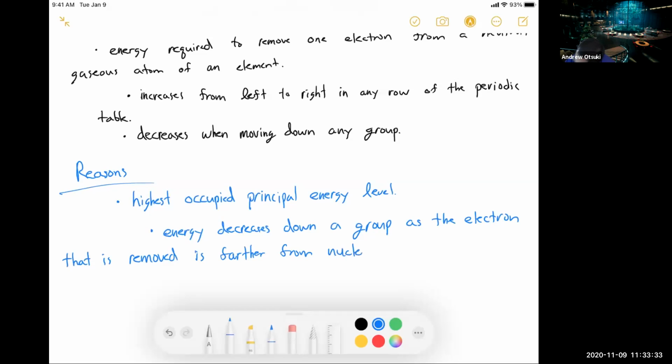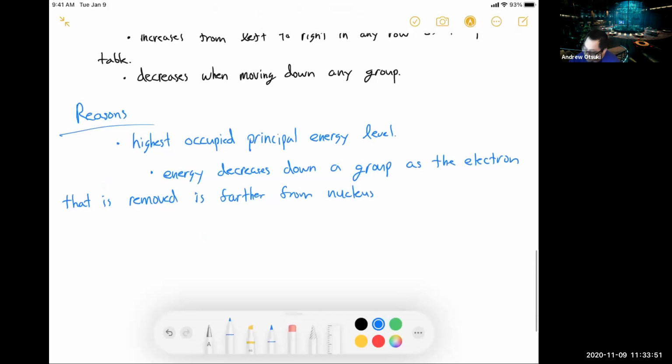So remember that the farther away we are from the nucleus, the attraction between the positively charged nucleus and negatively charged electrons is going to decrease, because remember, Coulomb's law. Coulomb's law of attraction is Q1 Q2 over R squared. So that gives us our attractive force, right?